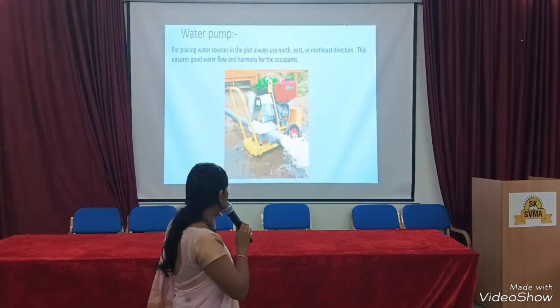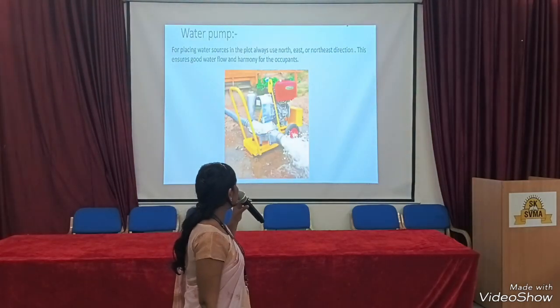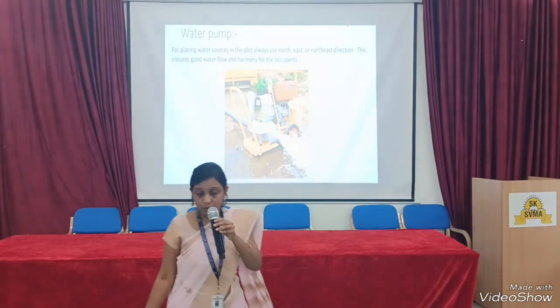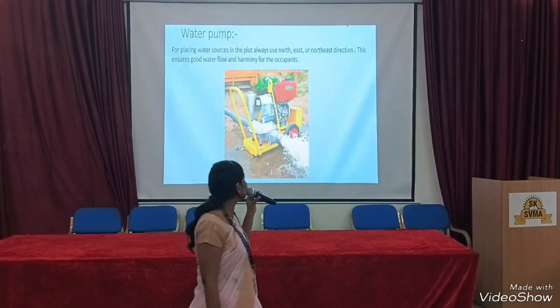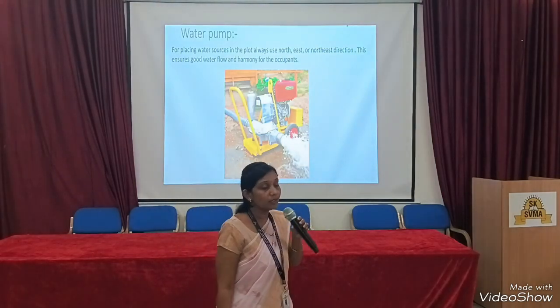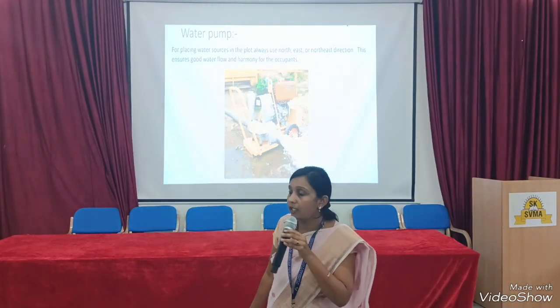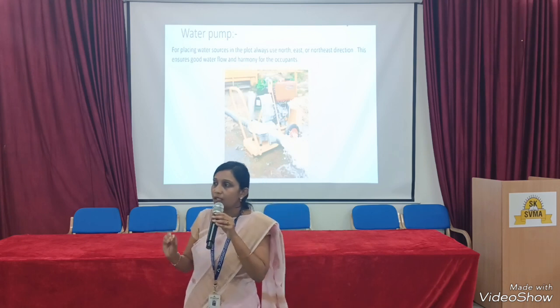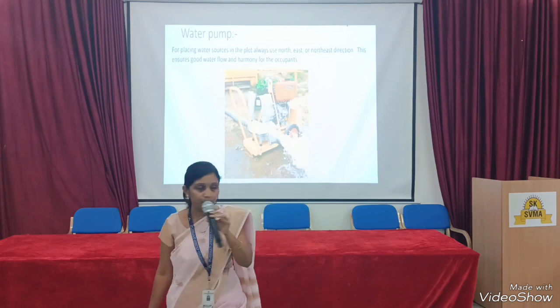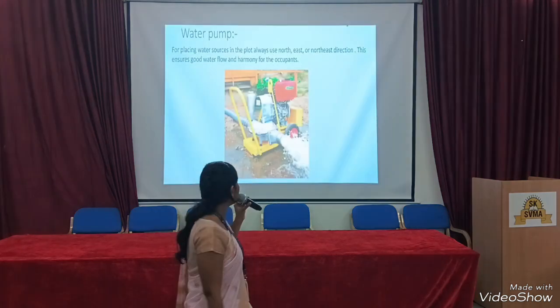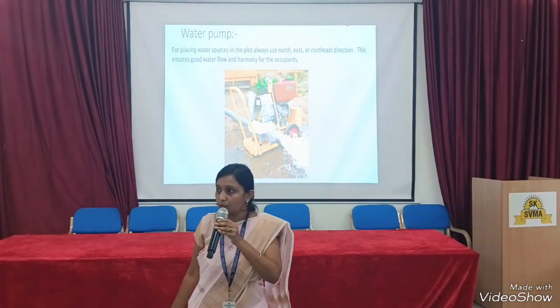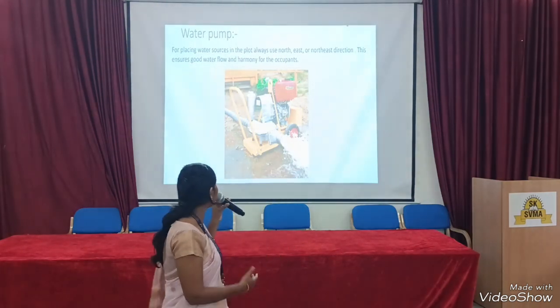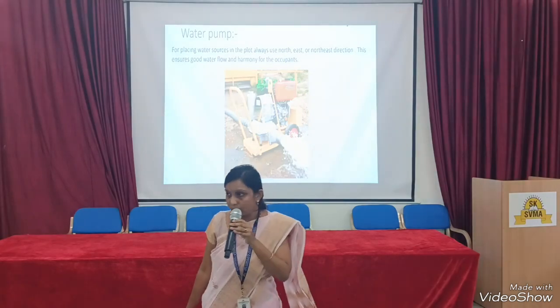For the water source, the best position is the northeast. The best is north or east. If you give the water source in that direction, the water will flow in a good condition.